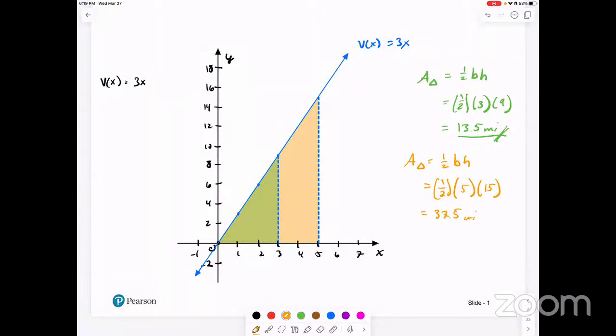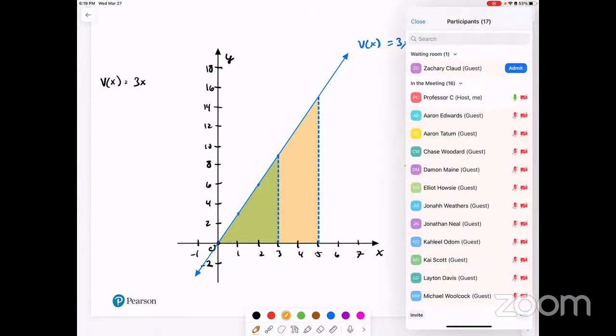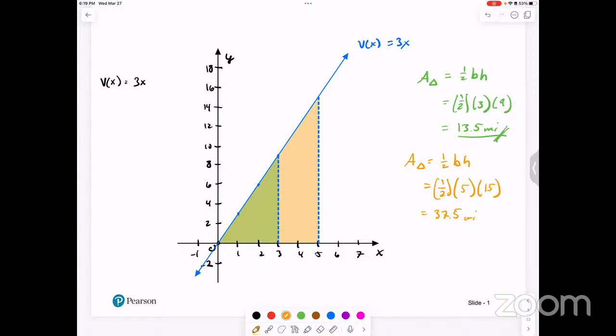So then we have to say the larger triangle minus the smaller. So if we say the 37.5 minus the 13.5. 37 minus 13, 20 will be 17.